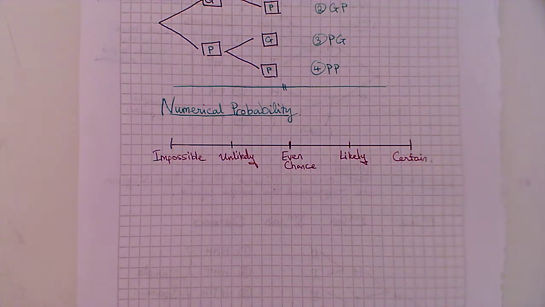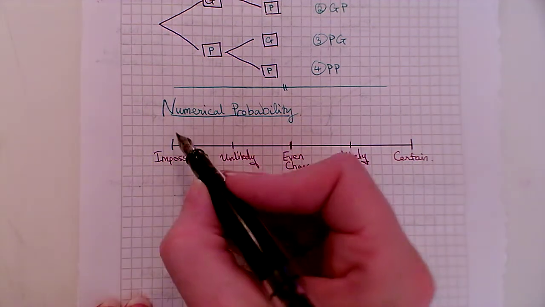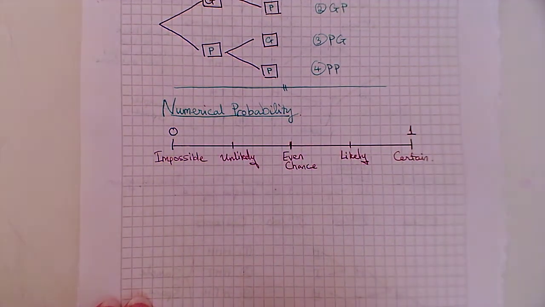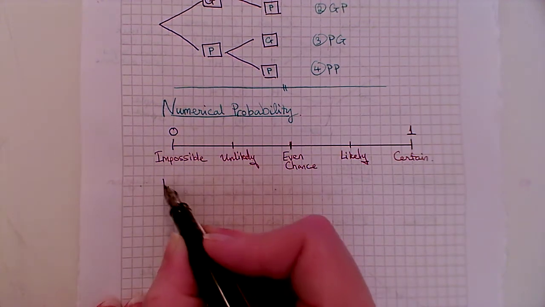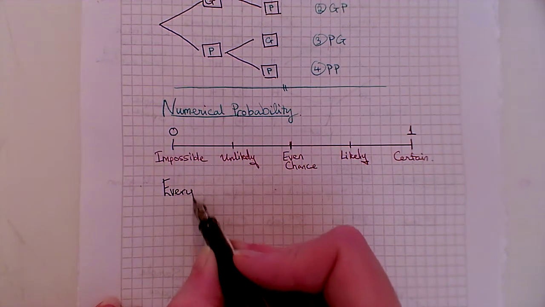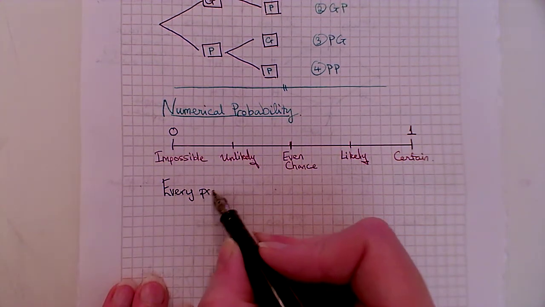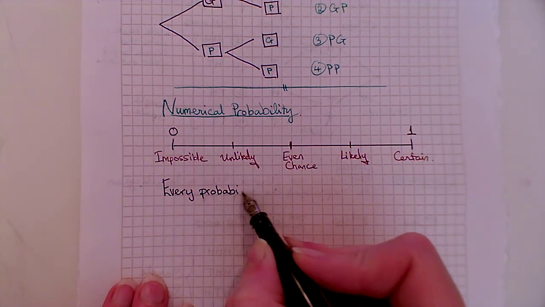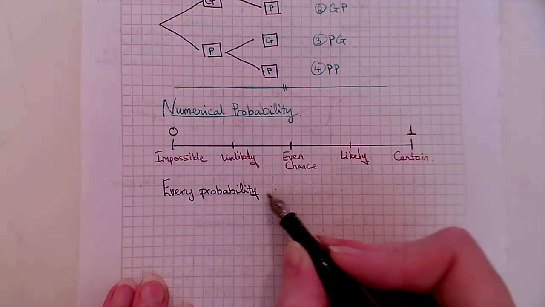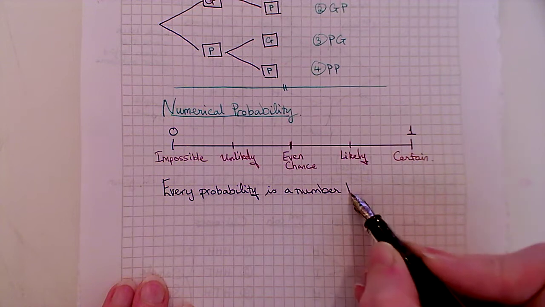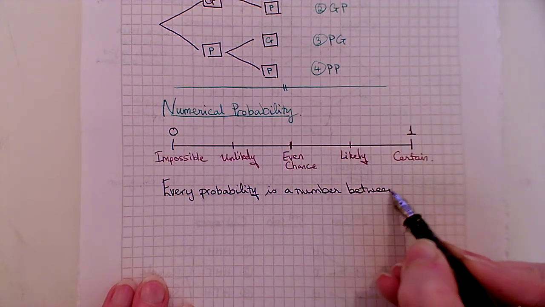So now we need to learn how we would put some numbers on these. And it's very straightforward. Every probability is a number between 0 and 1. So we're going to write that down. It's a number between 0 and 1.